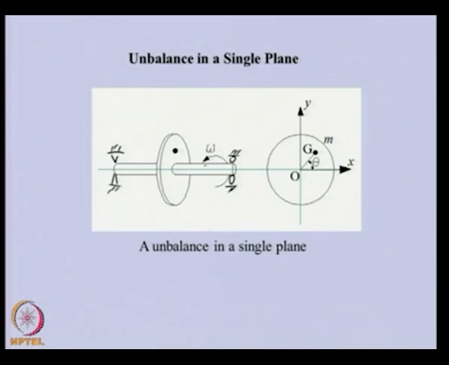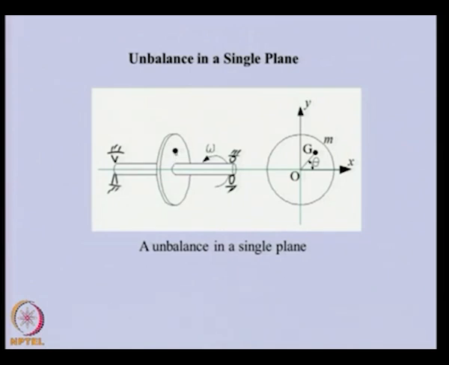As such, the mass of the shaft is negligible, the shaft is flexible, and the disc is heavy. The dark spot represents where the center of gravity is. It has been exaggerated here just to show how the center of gravity can give an unbalanced force.